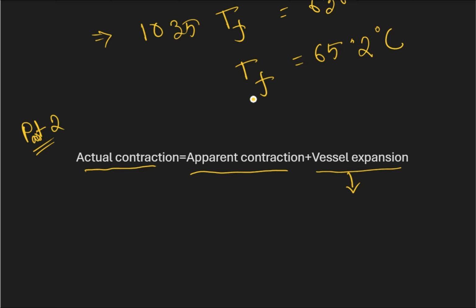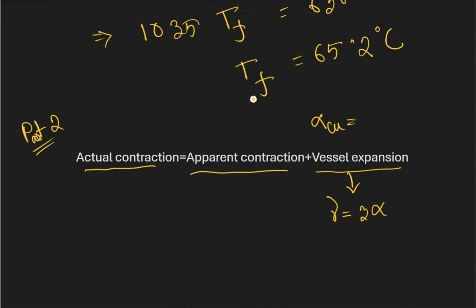The volume expansion coefficient of the copper, gamma, is equals to 3 alpha, and the alpha of copper, this value also has to be given in the question.